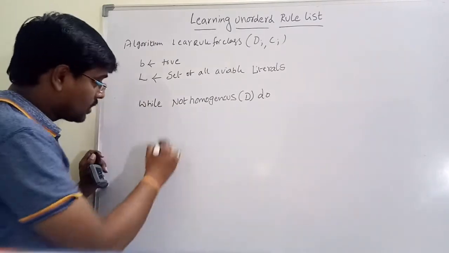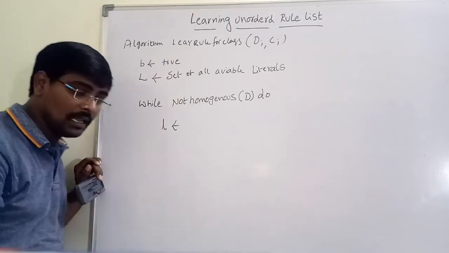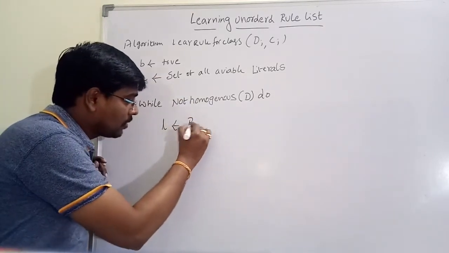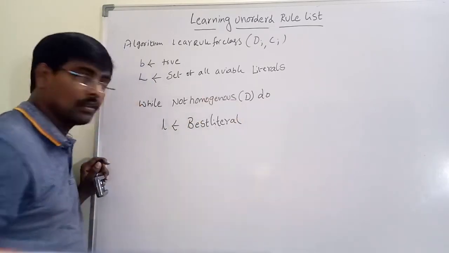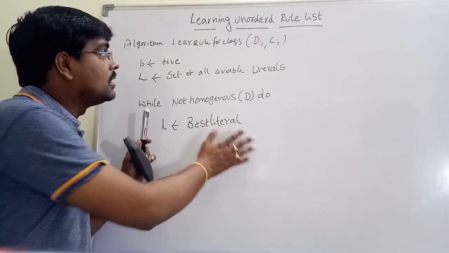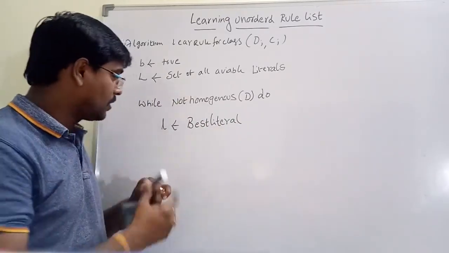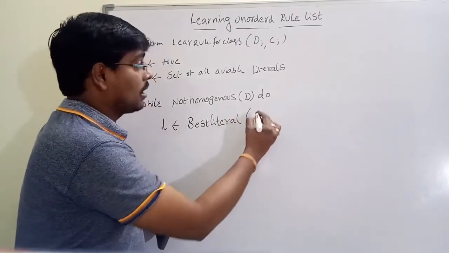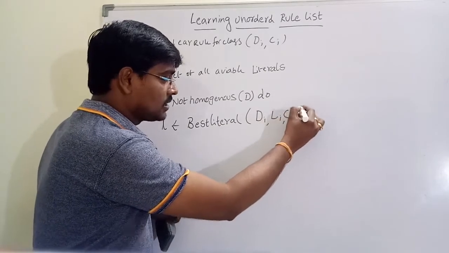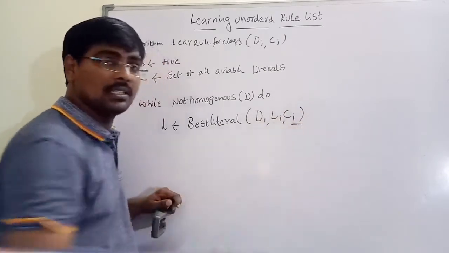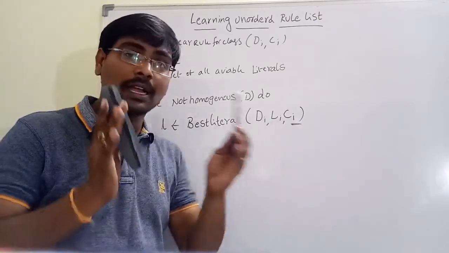While not homogeneous of D, the first step is defining a variable small l. The variable identifies the best letter. So the algorithm in this case is almost similar to the previous one. The main difference is in best letter of D, L, C. The additional part is that we identify the best letter with regard to the class.